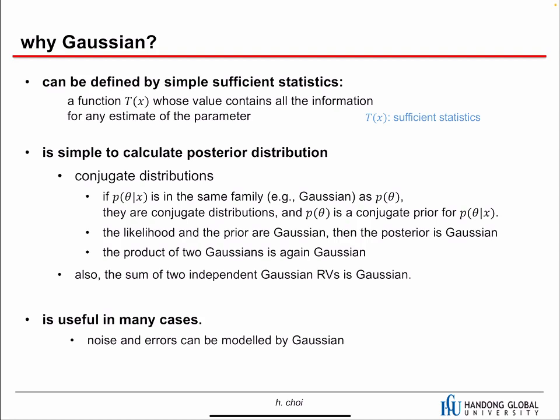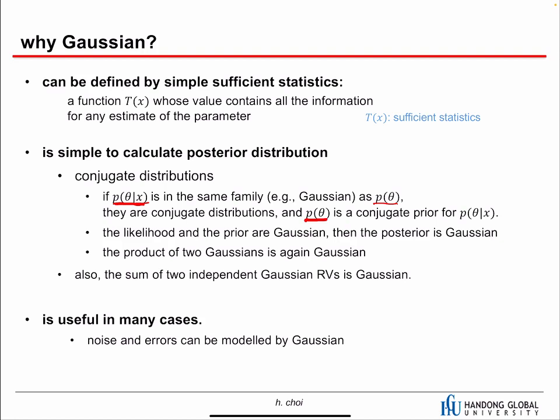If p of theta given x, this one is the posterior, is in the same family, such as Gaussian, as p of theta, for example this posterior is Gaussian and p of theta is Gaussian, then they are conjugate distributions. As long as they are in the same family, they are conjugate distributions. And p of theta is a conjugate prior for p of theta given x.